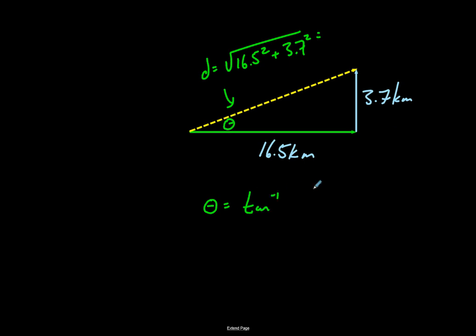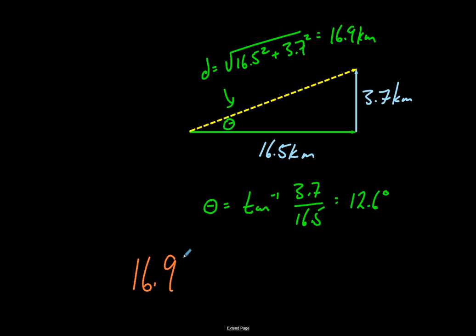So opposite over adjacent. And let's solve it. Okay, so we just collect the solutions to these, and you get that the displacement of the aardvark is 16.9 kilometers, 12.6 degrees to the north from east.